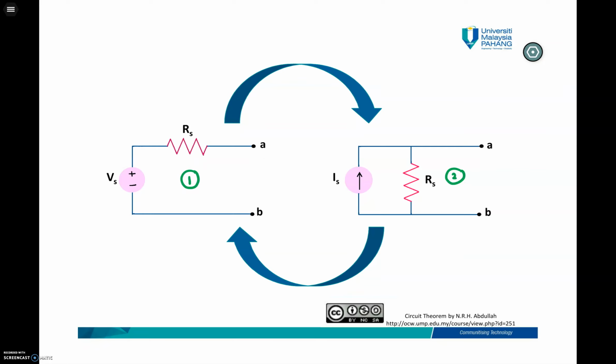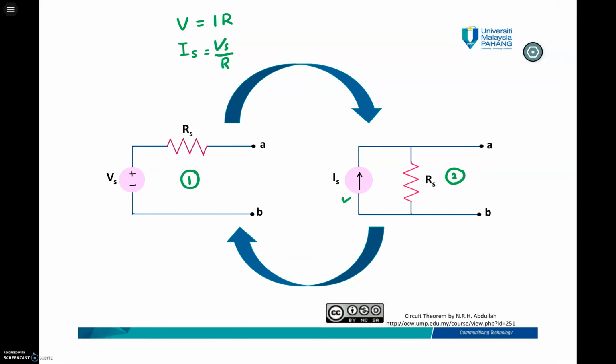For example, you want to transform the Vs into Is. Actually, you can use Ohm's law. Ohm's law states that V is equal to I R. Therefore, if you have a Vs and you want to transform to the Is, you just use this Ohm's law, Is equals Vs over Rs.